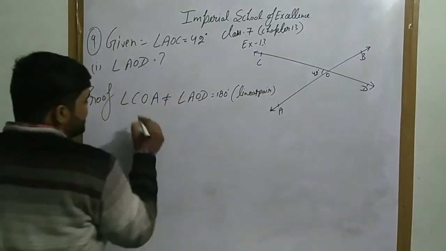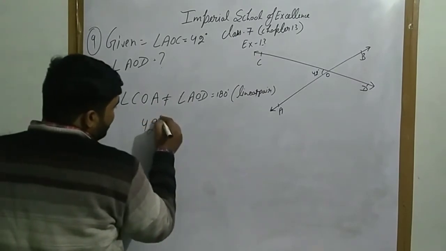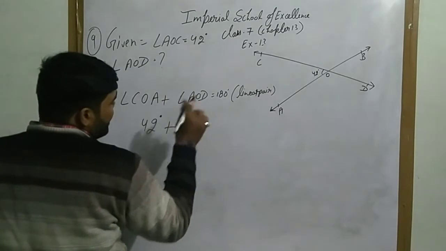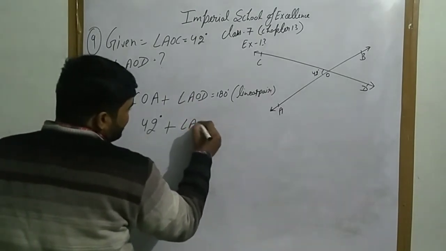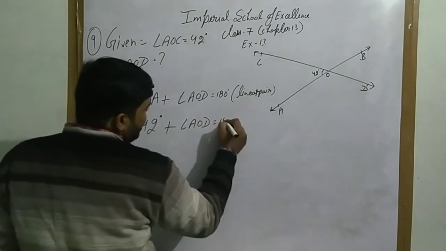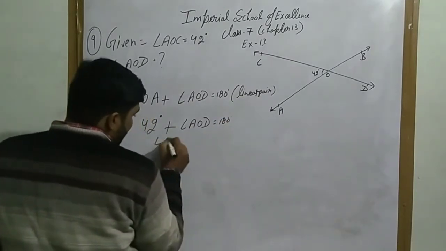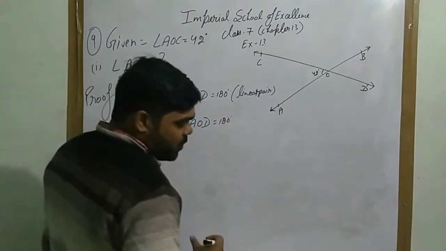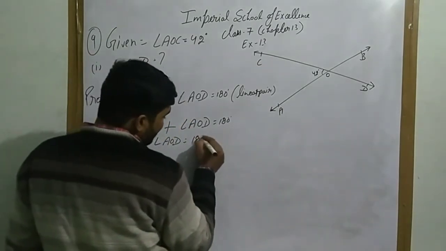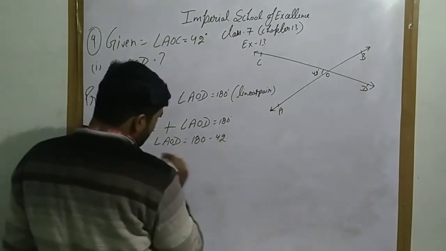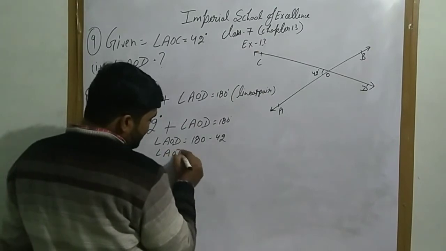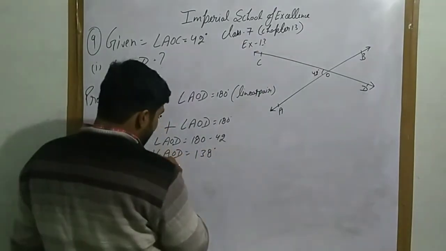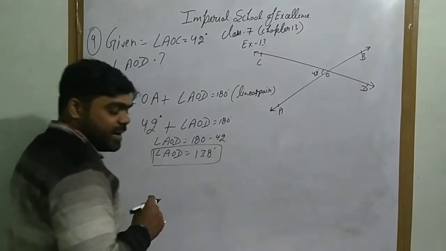After that COA will be 42 degrees plus angle AOD equals 180 degrees. Now angle AOD equals 180 minus 42. So angle AOD equals 138 degrees.